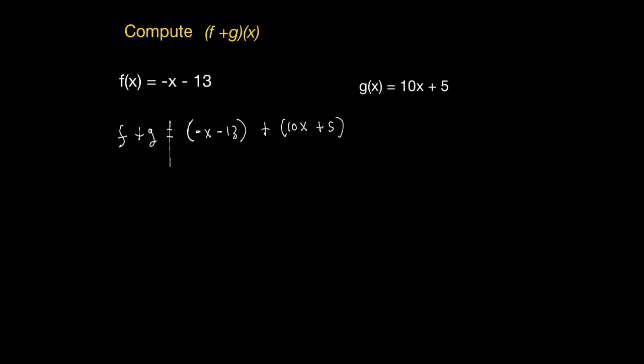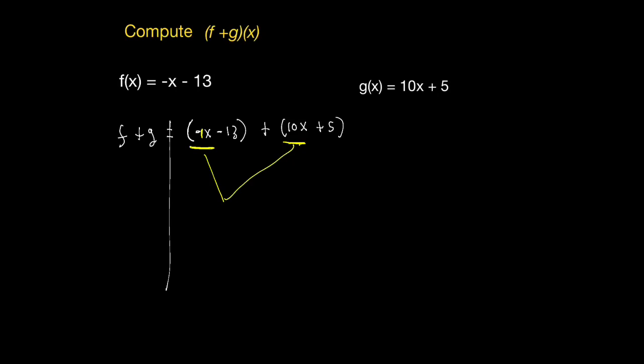So now we've got to evaluate this right hand side here. This is my right hand side, this is my left hand side. So we've got to get the variables together. So I have a negative x and I have a 10x here. If I combine them, negative x is the same thing as negative 1x.